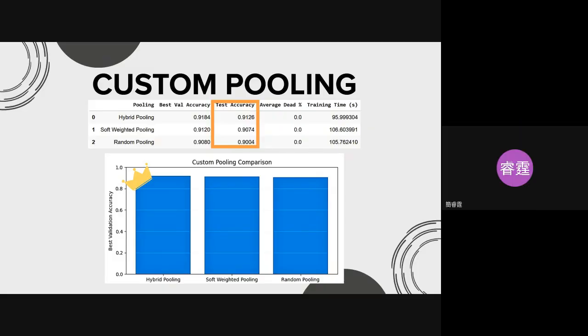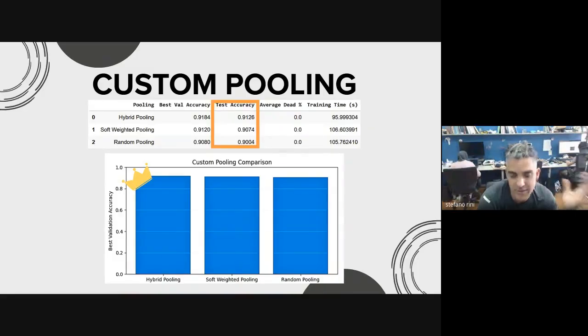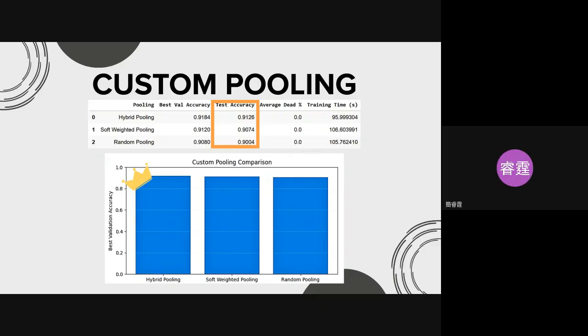Let me check. If you know what hybrid means, please let me know, otherwise I'm very confused. The hybrid pooling in my code makes an average between the max pooling and the average pooling. I see.